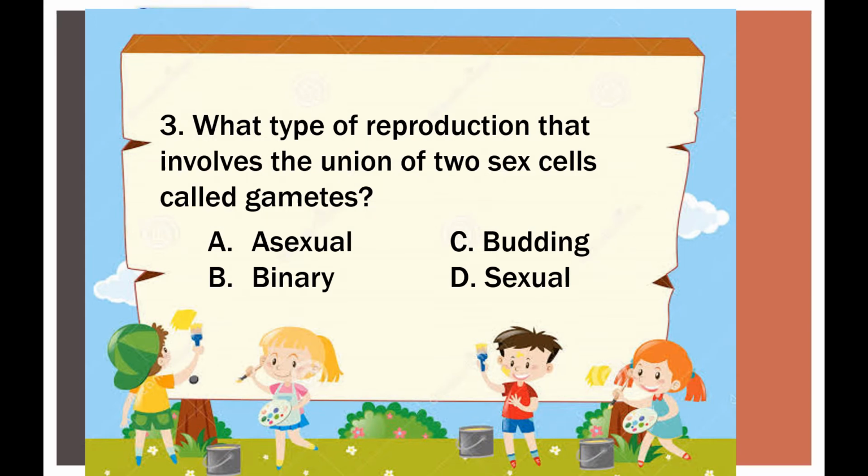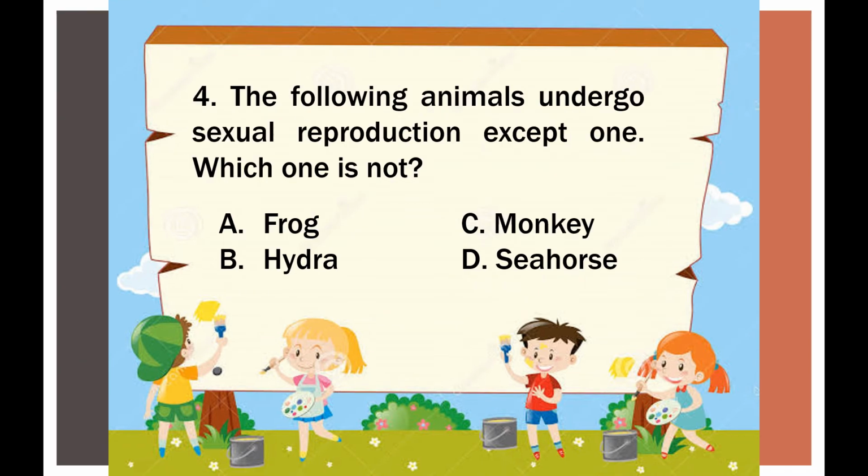Number 3, what type of reproduction that involves the union of two sex cells called gametes? Letter A, asexual. B, binary. C, budding. And D, sexual. Number 4, the following animals undergo sexual reproduction except one. Which one is not?